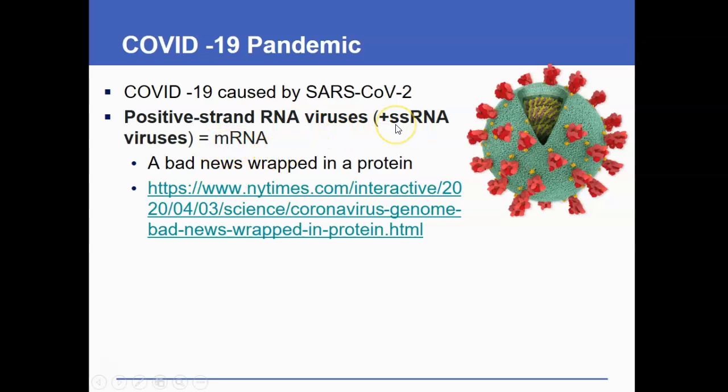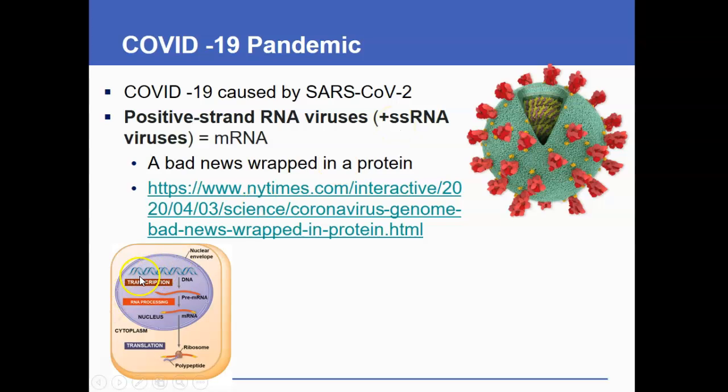So it's positive sensed, meaning just like we saw for gene expression, where we go from DNA to RNA to protein, it's positive sensed, meaning that it's just like mRNA. So once you get that viral genome into a host cell, it is able to instantly be made into proteins.